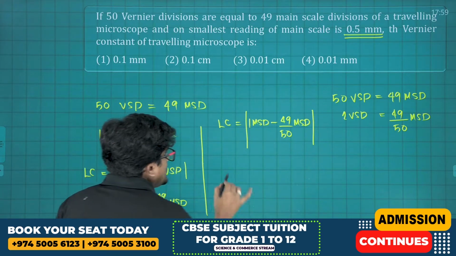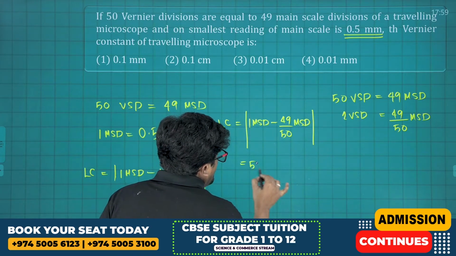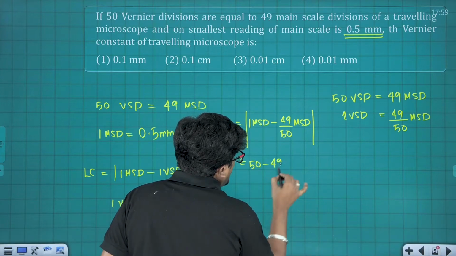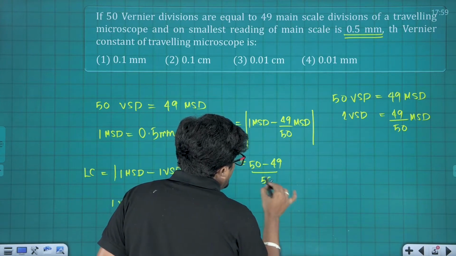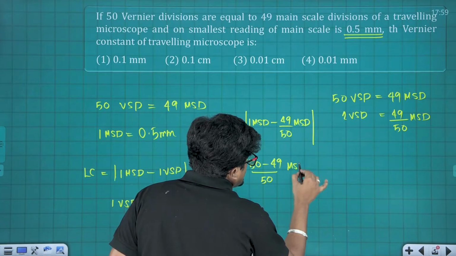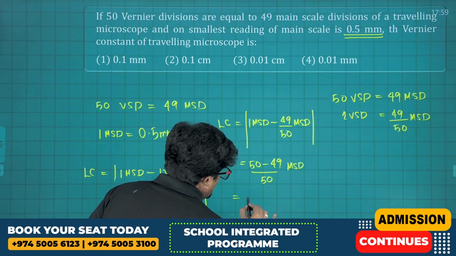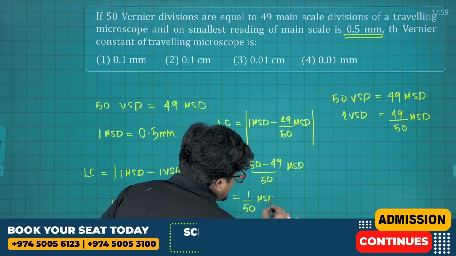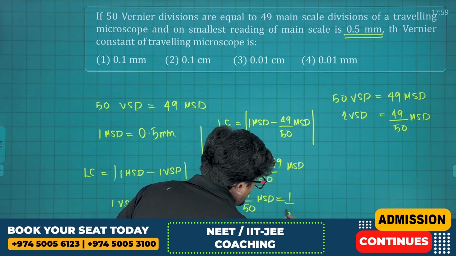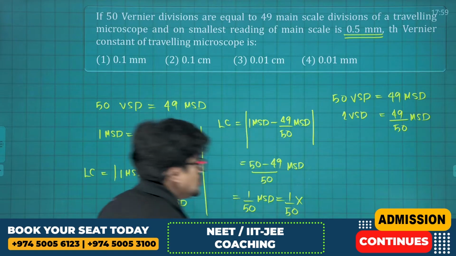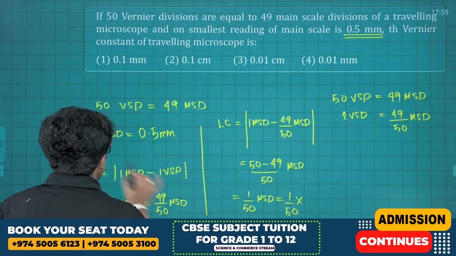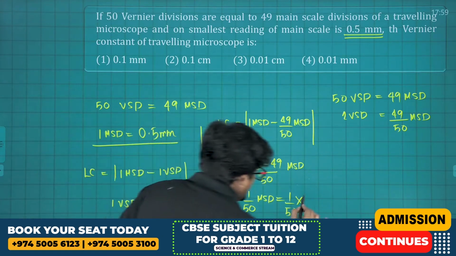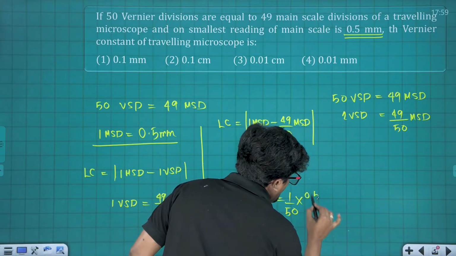Now here this is going to be 50 minus 49 all divided by 50 MSD. This is equal to 1 upon 50 MSD. That is 1 upon 50 into 1 MSD, and 1 MSD is 0.5 mm.